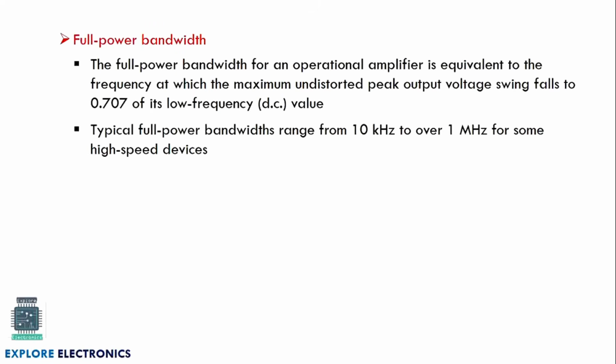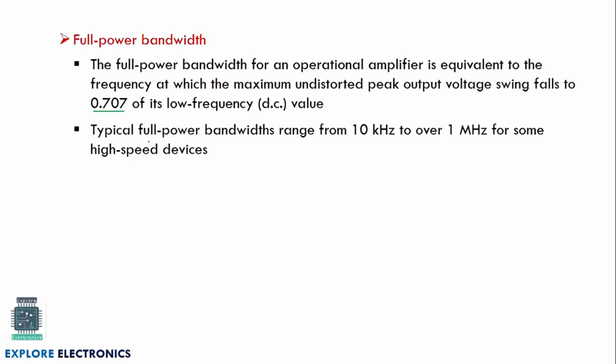The full power bandwidth of an op-amp is equivalent to the frequency at which the maximum undistorted peak output voltage swing falls to 0.707. This is what I explained in the previous video, that is 3 dB less, right? We take 3 dB lower in the frequency response, that is, compared to the DC value it is 0.707 times the maximum gain value, right?